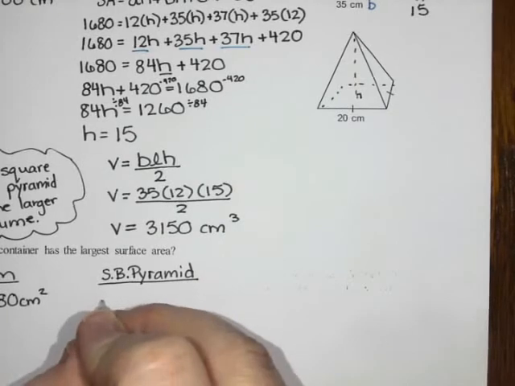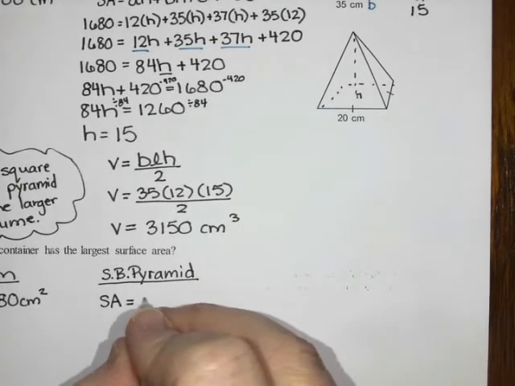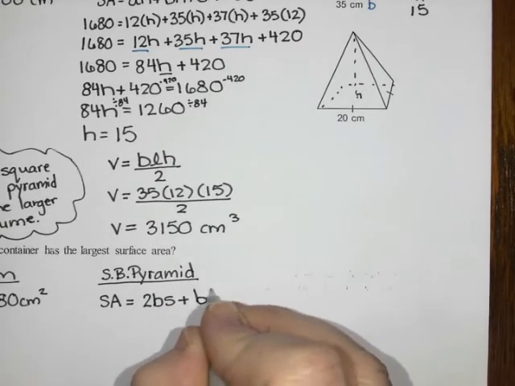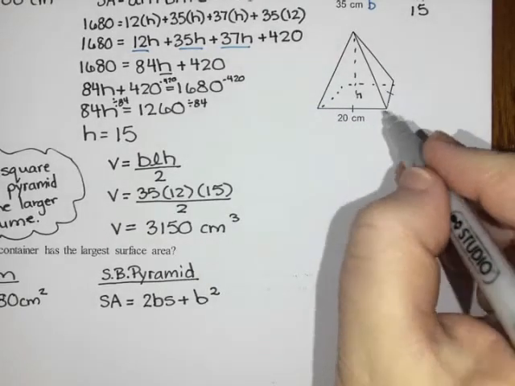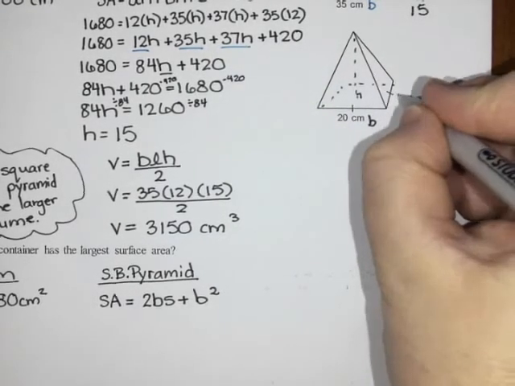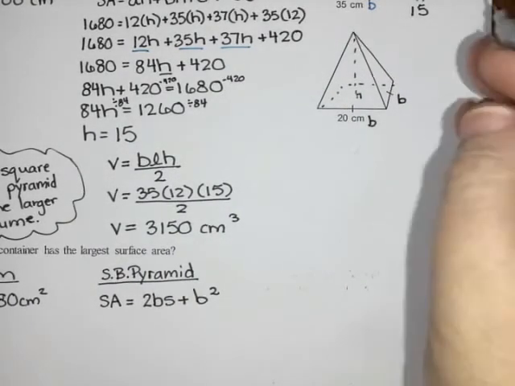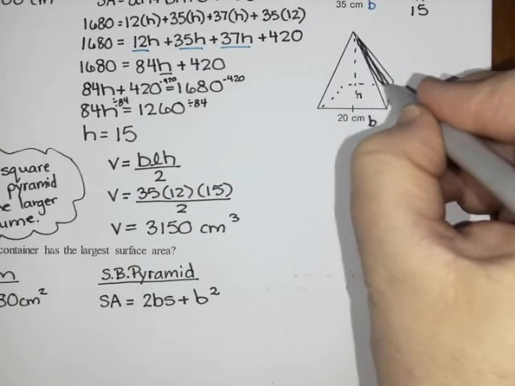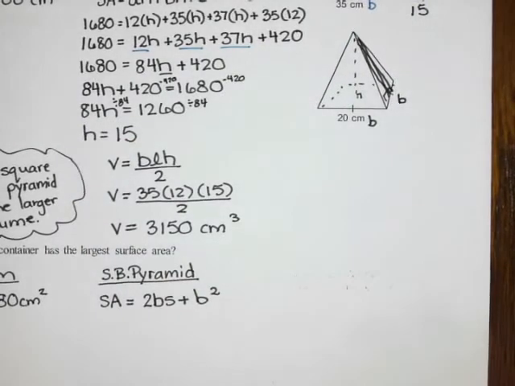So the formula for surface area is 2bs plus b squared. In my picture, the base is 20, but the slant, I don't know. It didn't tell me what the slant is. It also didn't tell me what the height was. I do know that the height is 15 because we calculated that in the previous question.